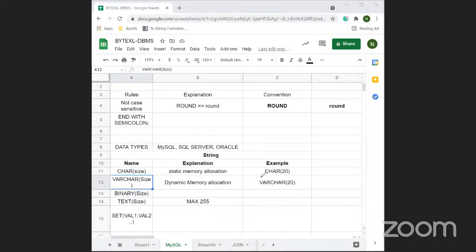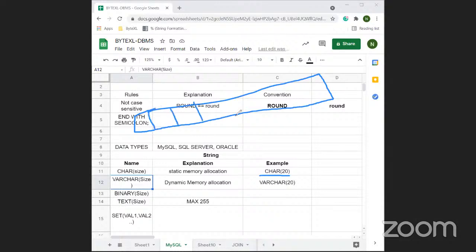If I am creating char 20, automatically 20 bytes of memory would be created. And so on. This is an example number. Since most of them are built on C languages, one character will occupy generally 1 byte.